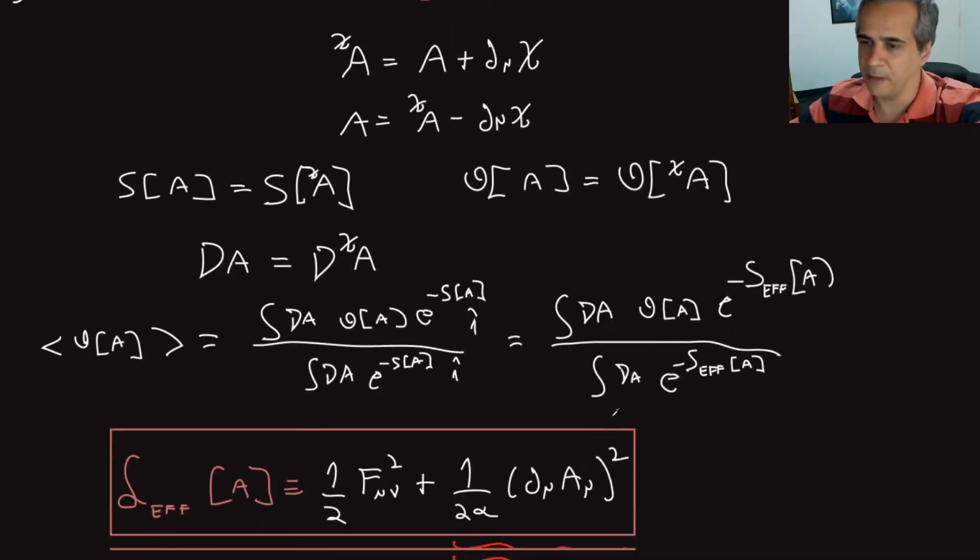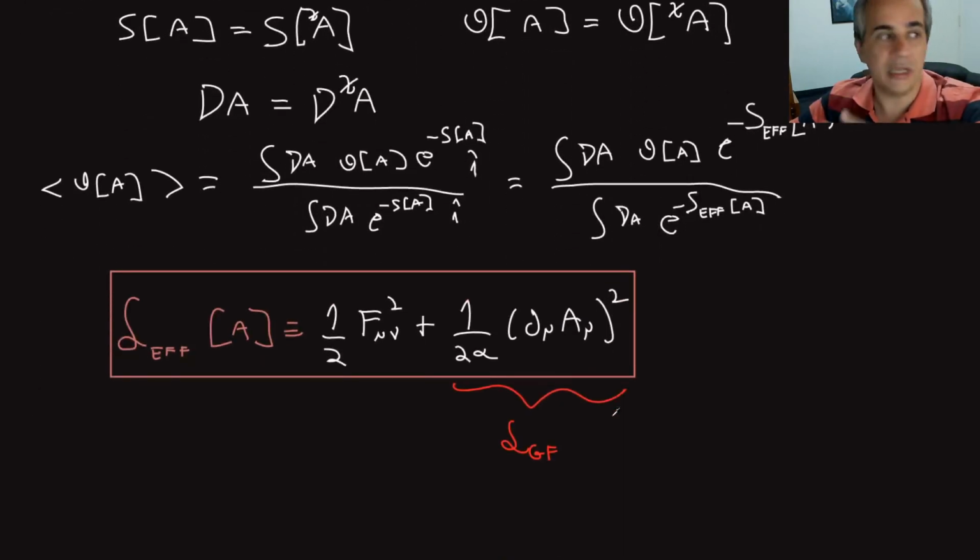But now you can see that it can be obtained from the original theory without making any changes. If I say I'm modifying the Lagrangian by putting this term, you could say, wow, you're putting a gauge fixing term. You're not changing the classical theory, but maybe you're changing the quantum theory.